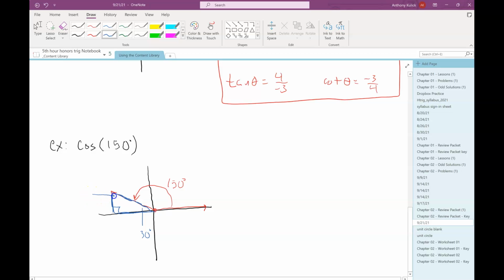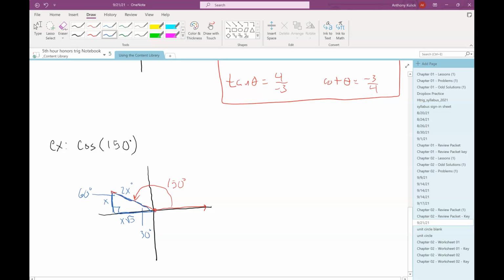Since that angle is 30, I know this angle must be 60. So what we have here is the 30-60-90 triangle. We know the side lengths of the 30-60-90 triangle are x, x root 3, and 2x.